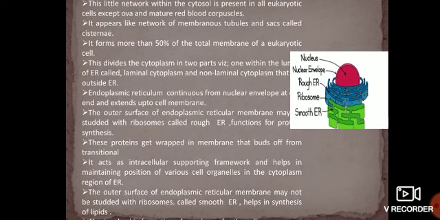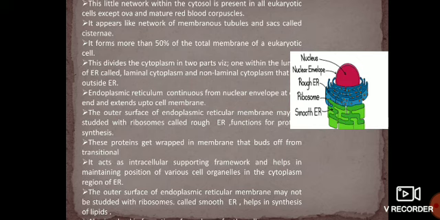Now what is the function of this ER? ER synthesizes protein, and these proteins are further wrapped and sent to other organelles of the cell, maybe the Golgi apparatus. So ribosomes also take part in the synthesis of protein. Rough endoplasmic reticulum is basically concerned with the synthesis of protein, and smooth endoplasmic reticulum functions for lipid synthesis.